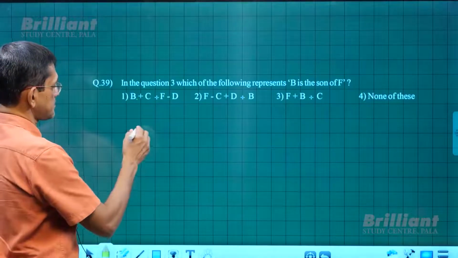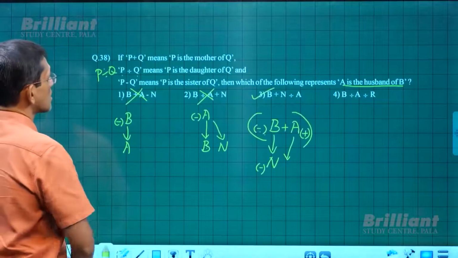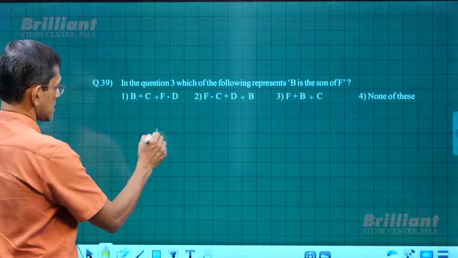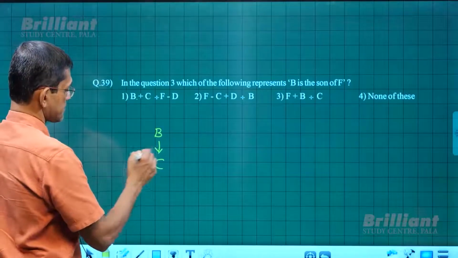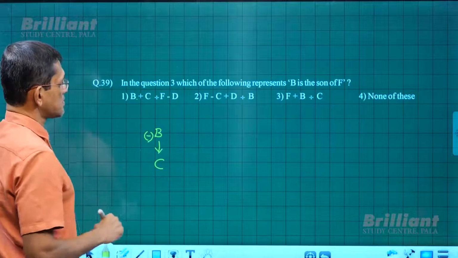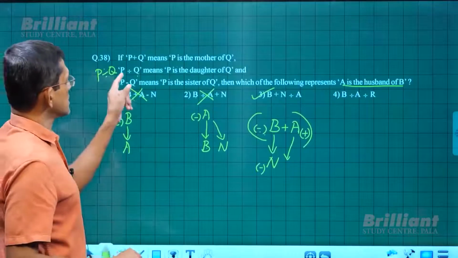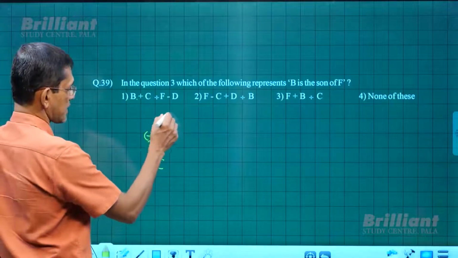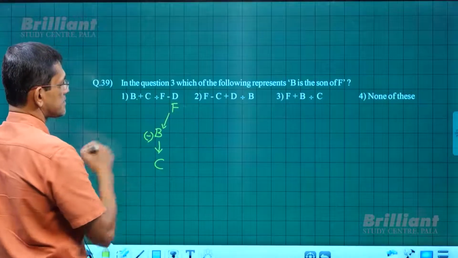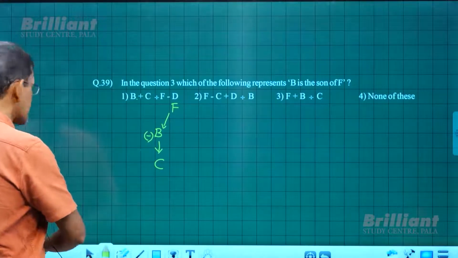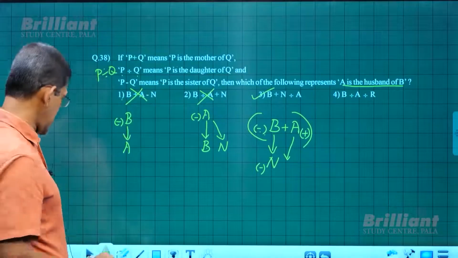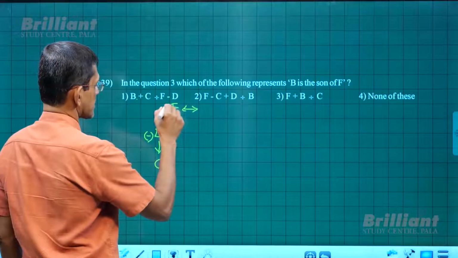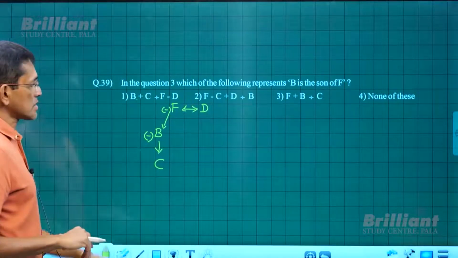B is the mother of C. And B divided by F means B is the daughter of F. And F minus D means F is the sister of D. So that's the first answer choice.